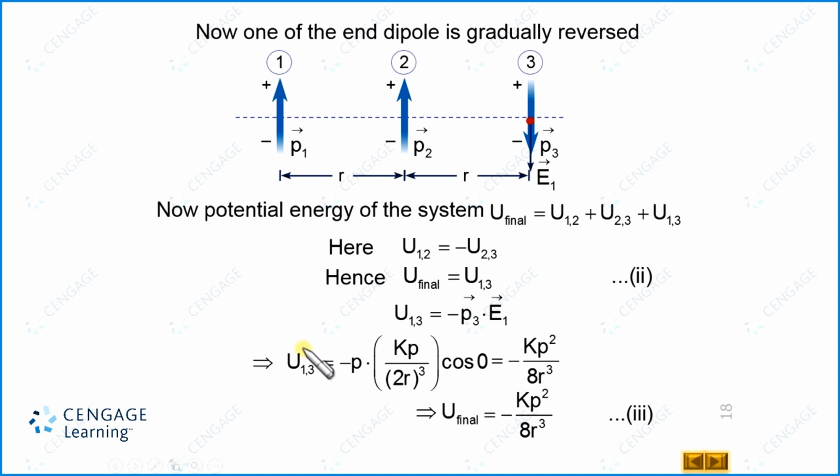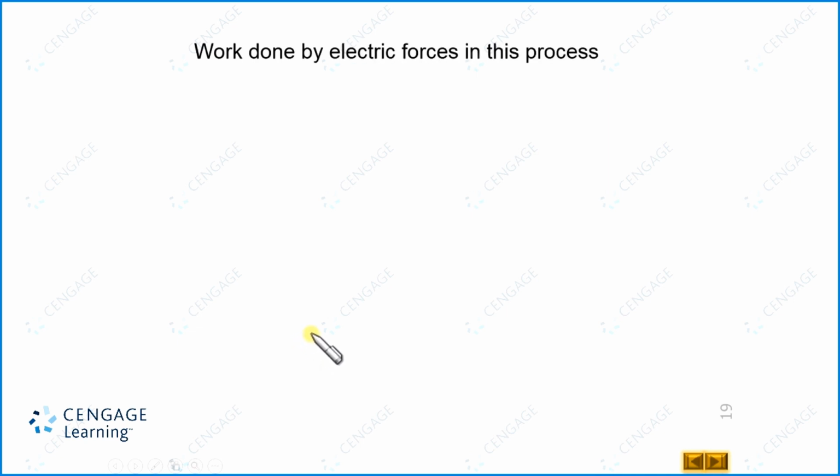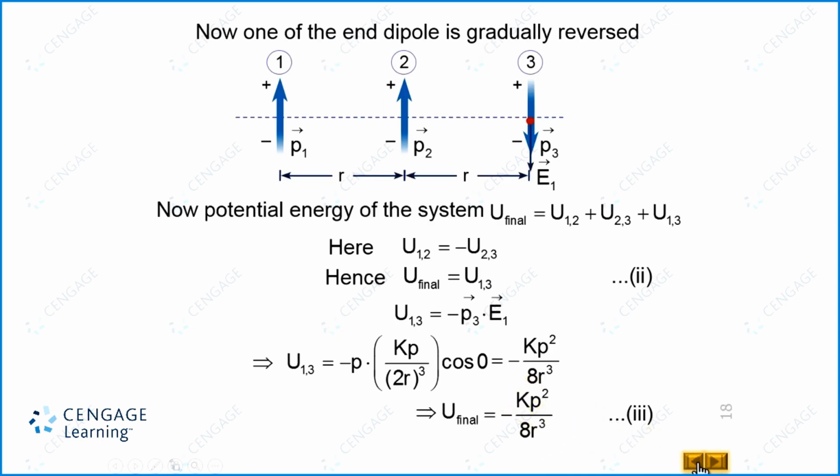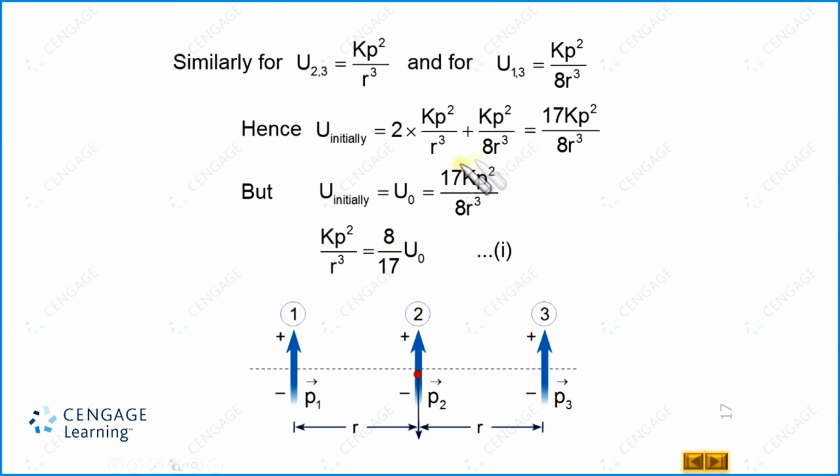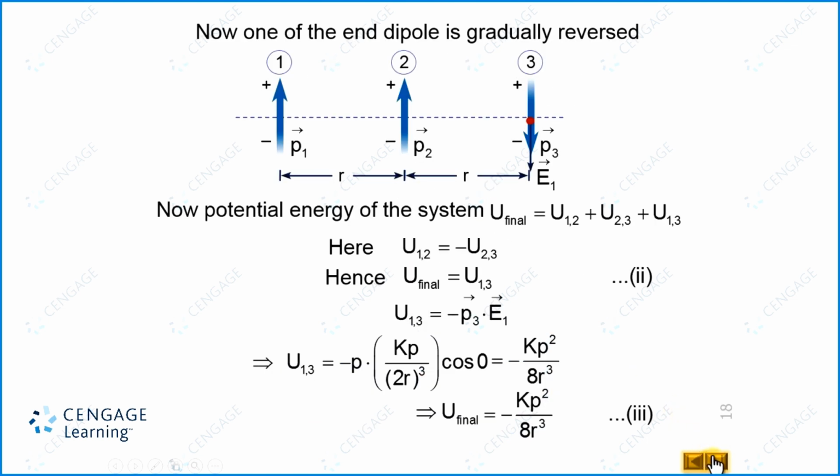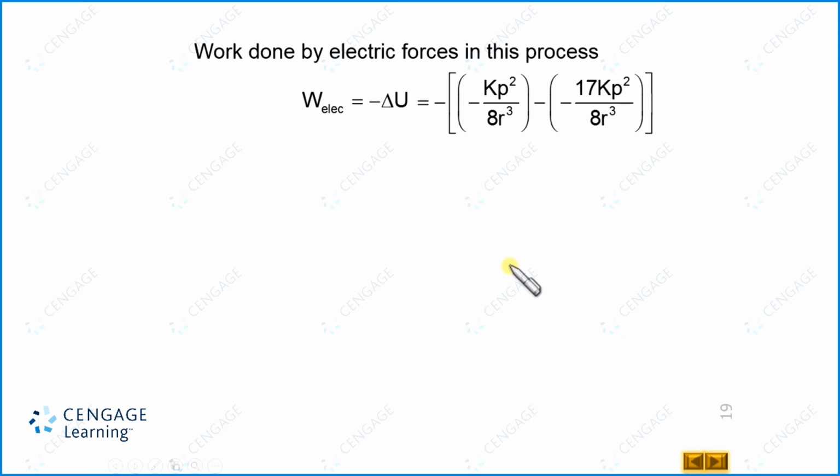Now we can write the work done by the electric force equal to minus of the change in potential energy, and we know potential energy change is equal to U final minus U initial, and we know the value of U final, this one, and U initial was this one. So let us write U final minus U initial.